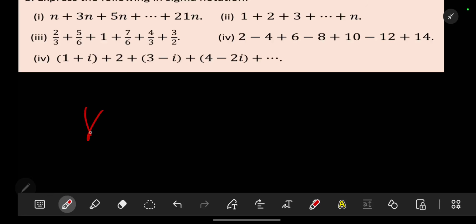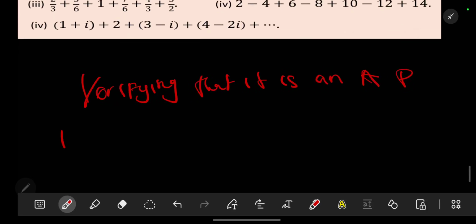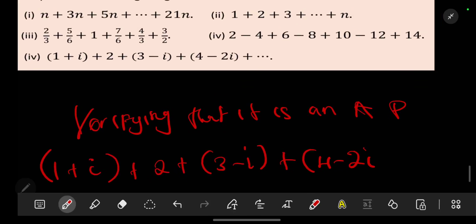So verifying that it is an AP, we are going to get 1 plus i, then plus 2, then 3 minus i, plus 4 minus 2i.